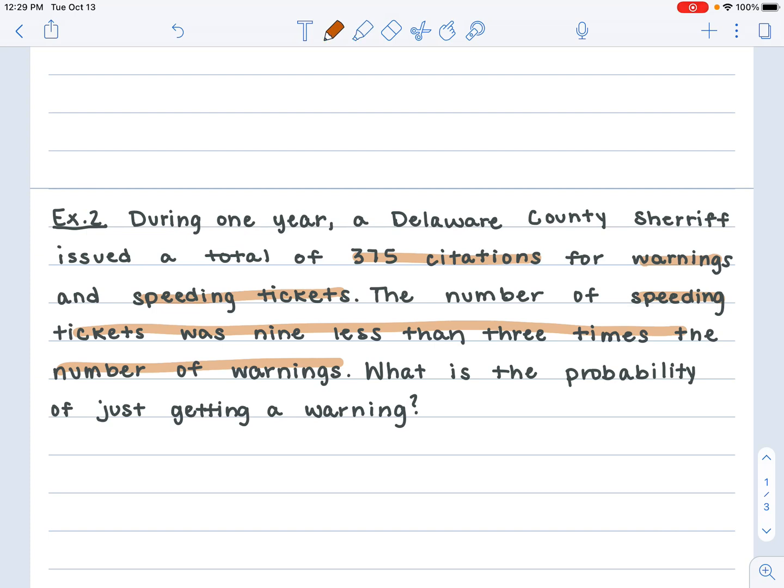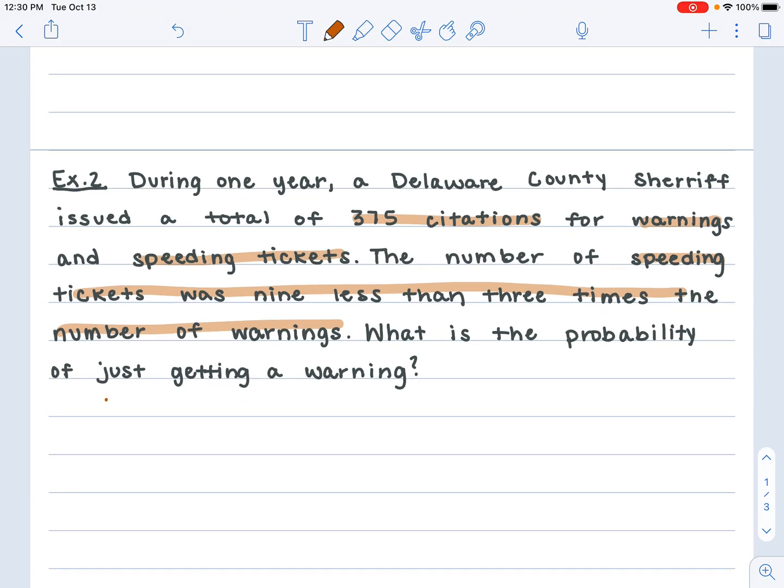So we have to figure out first how many warnings and speeding tickets we gave out. So first I'm going to clarify what my units are going to be. I'm going to use W for warnings and S for speeding tickets. The first thing tells us that he issued a total of 375 citations for both warnings and speeding tickets.